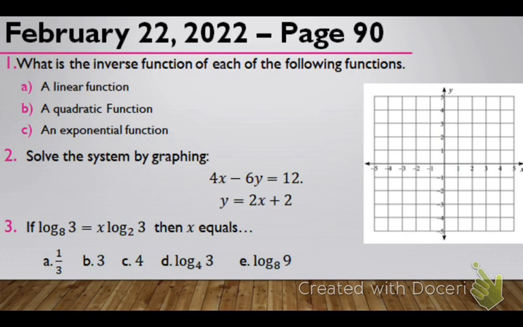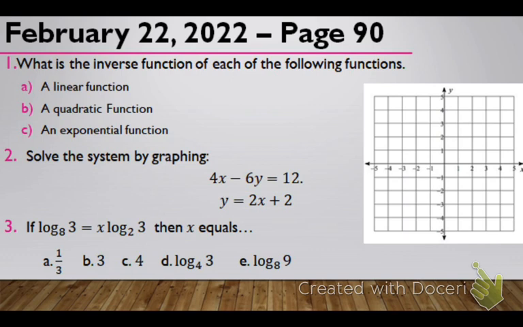What would we need to switch around in a function to get the inverse function? Of the equation. We would want to switch something around in the equation. If we had a table, what would we switch? X and Y. So when we're looking at inverse functions, we want to switch the x and y values.